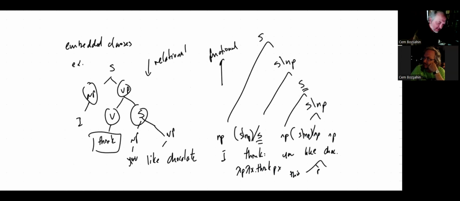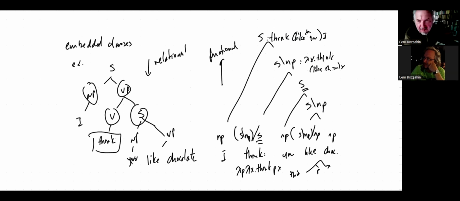Here, what you get is essentially lambda x think like chocolate you x, and from this, by taking I for x, you get think like you chocolate I. So the overall meaning of the clause is determined by the matrix verb, not the embedded verb. That's the whole idea.